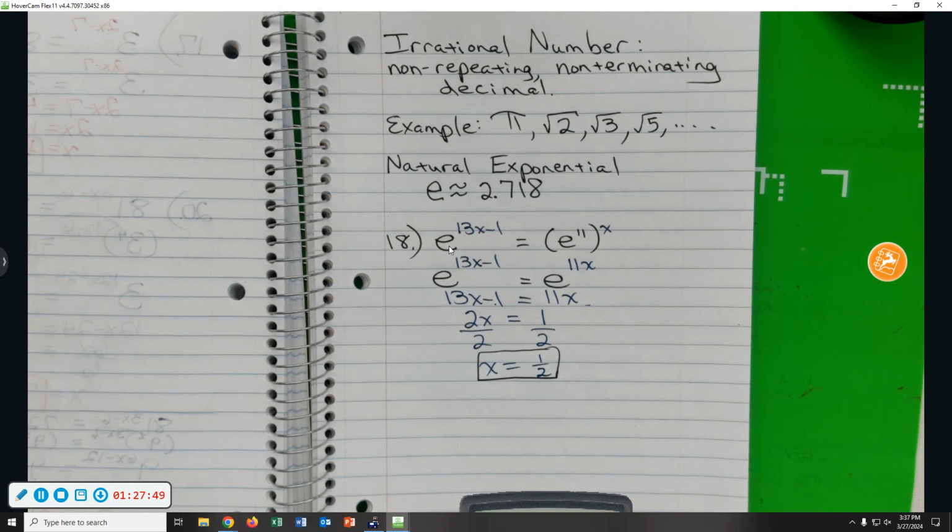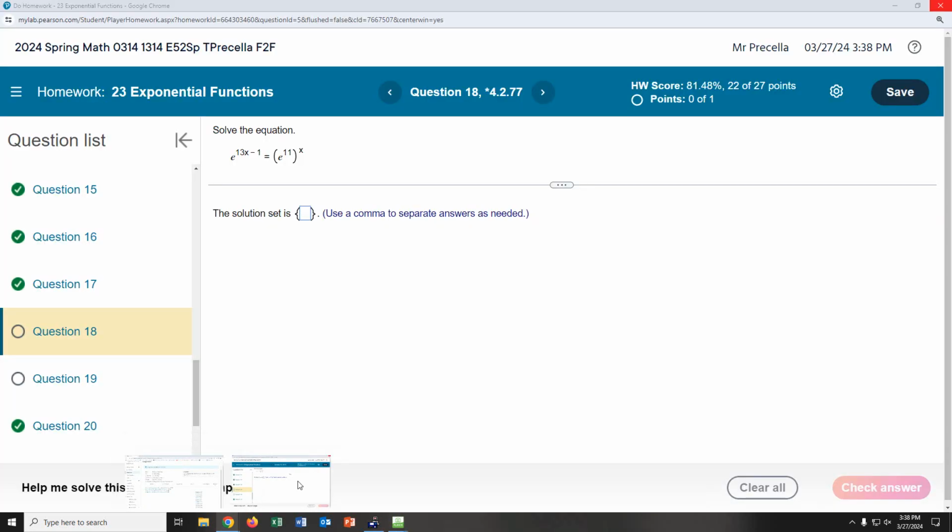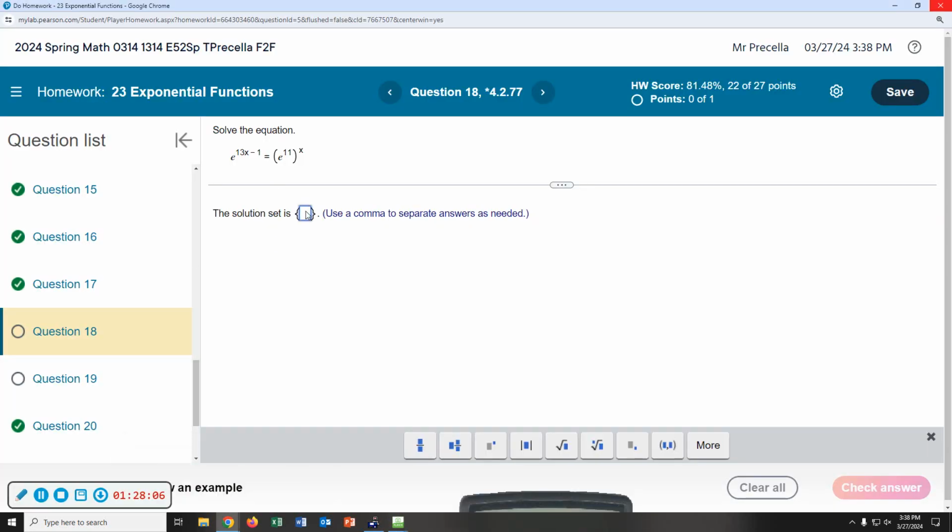If you're going to solve an equation involving natural exponentials using the same base method, you must have e as the common base on both sides. Let's see, 1/2.